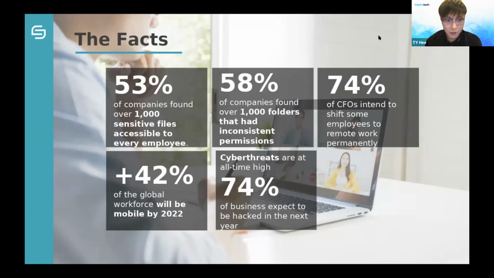We are looking at a 42% increase in the global workforce being mobile by 2022. And last but not least, cyber threats are getting higher and higher, with 74% of businesses expecting to be hacked in the next year.